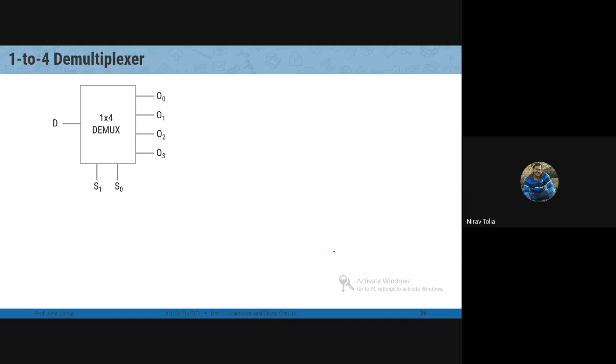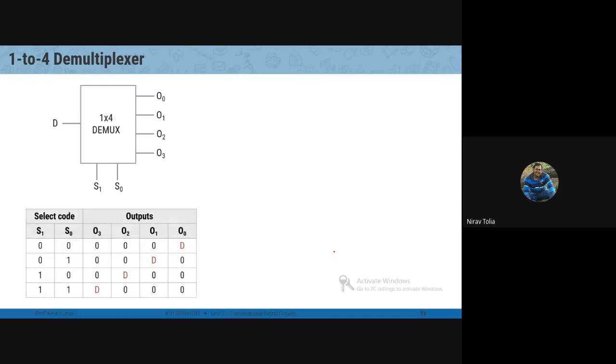So we have two select lines, S0 and S1, and which output my input is connected to is selected by the select lines. Again, we have to focus on the truth table, and from the truth table we can draw the logic diagram. Suppose my select line input is 0, 0.